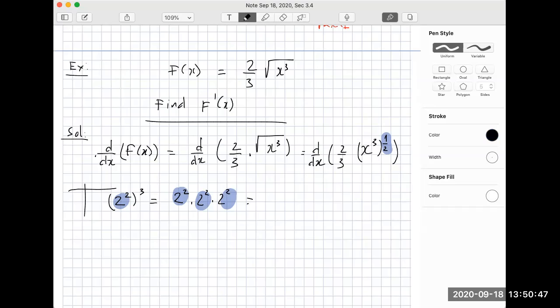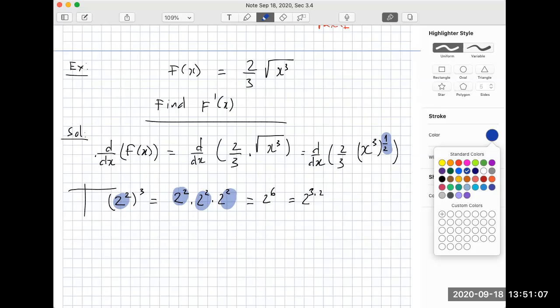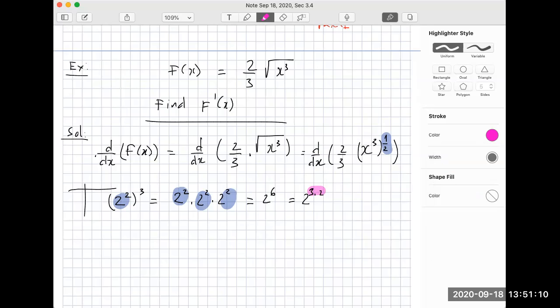And we know that it is 2 to the 6, which is also 2 to the 3 times 2. So from this simple one, we know that the power rule tells us 2 squared and raised to the power something, it will be the product of these two powers. So we have this, right? So from now on, when you don't remember a rule, try to play with some simple example to recover it, okay? So now it applies here.